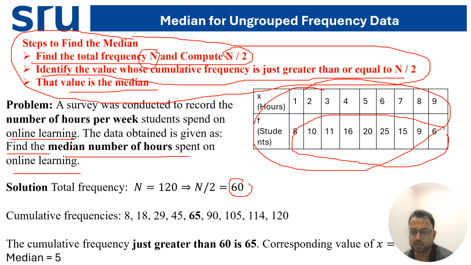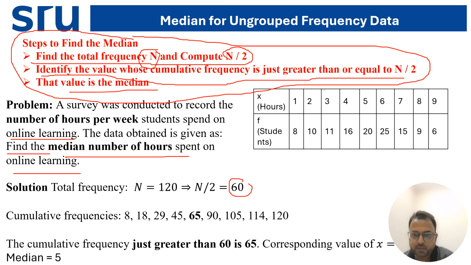So let us find the cumulative frequency. Here cumulative frequency: 8 as it is, then 8 plus 10 is 18, 18 plus 11 is 29, 29 plus 16 is 45, 45 plus 20 is 65, and 65 plus 25 is 90, 90 plus 15 is 105, 105 plus 9 is 113, 113 plus 6 is 119.